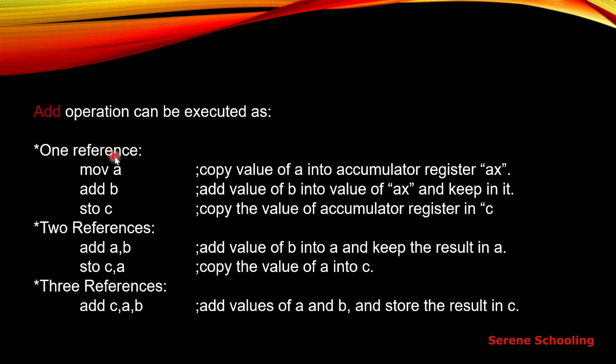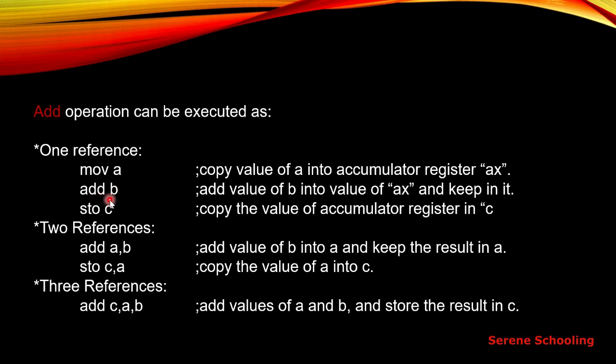Here you can see that reference thing. When we have one reference, it looks something like this. Here we have the mnemonic MOV, M-O-V-E for short, move a. It copies the value of the a variable into the accumulator register AX. Right, and what AX is and the registers we will see in a while. Then we have add b.